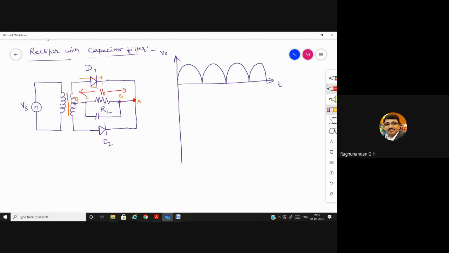This one, or B, this one. What will be the voltage? Zero. V naught, since, sir, there's no resistance between A and B. No, I'm not asking about between A and B. I'm asking at this junction.